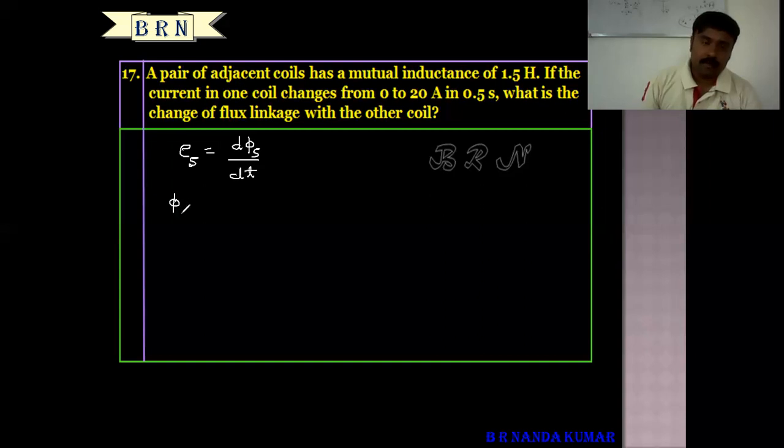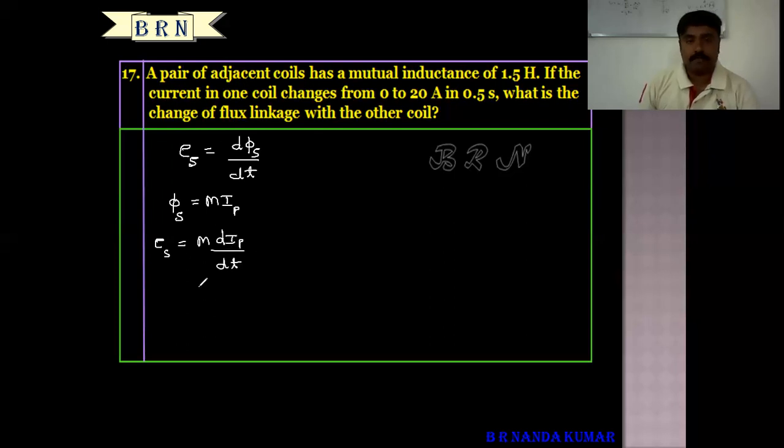But we know that phi s is equal to M into ip, due to mutual inductance, the EMF induced in the secondary coil is due to the rate of change of current flowing in the primary coil. So phi s is equal to M into ip. M is constant, so take it outside. So es is equal to M into dip divided by dt.